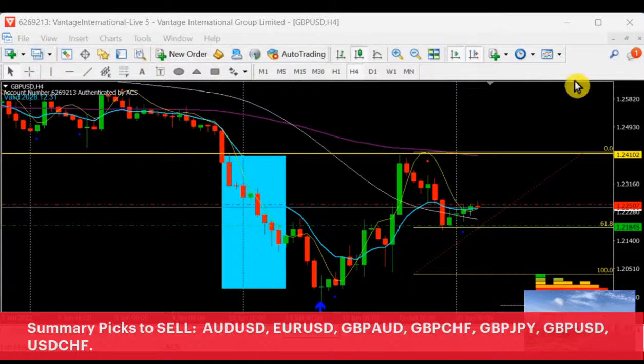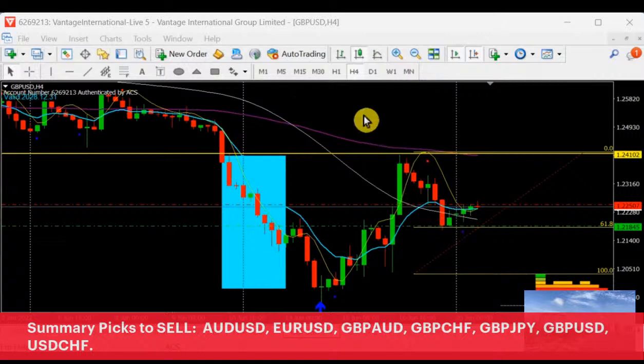Right now, if I'm looking at pound dollar, it looks like, on the 4 hours candle, after hitting the support it is moving upwards right now. So it may create a lower resistance, a lower high over here.